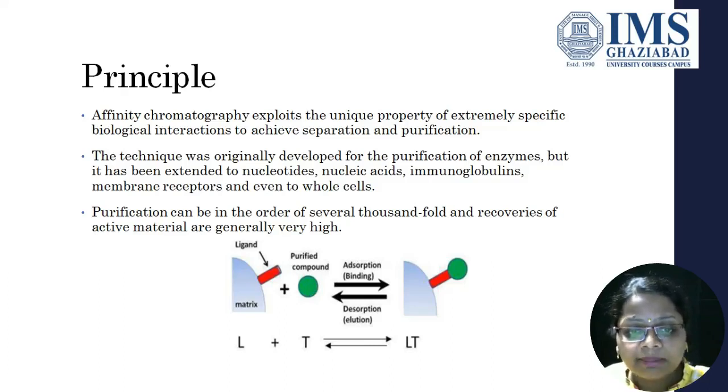When this ligand binds to the target molecule by specific adsorption, it helps in the purification of this compound from a mixture that has a number of other molecules, which of course don't have affinity for this ligand. And this interaction between the ligand and the compound is reversible. It has to be reversible in order to purify this compound further.